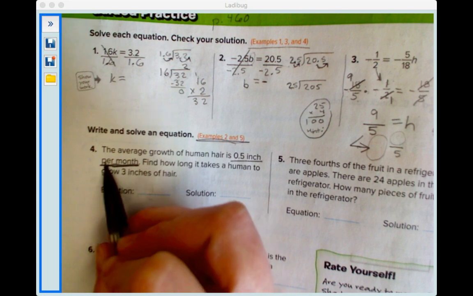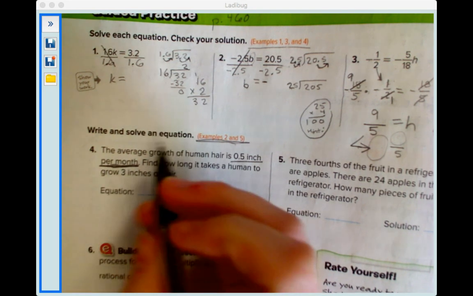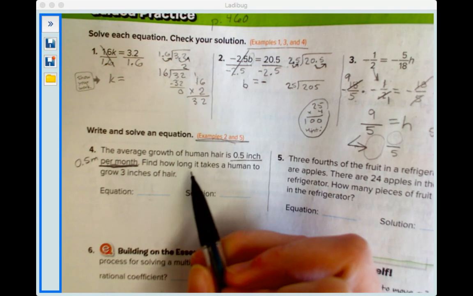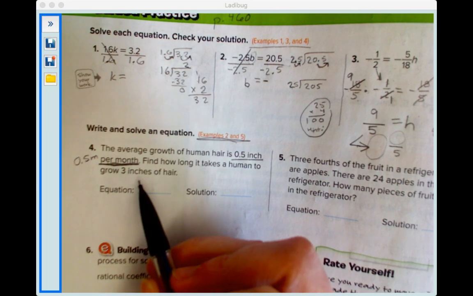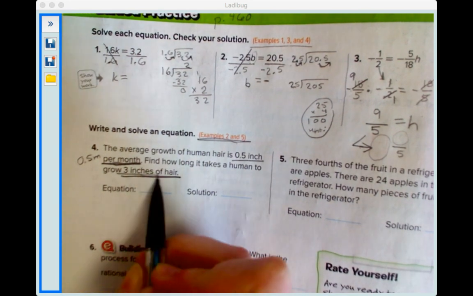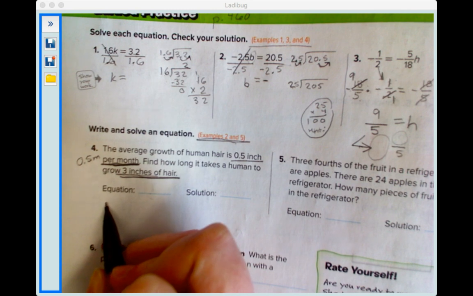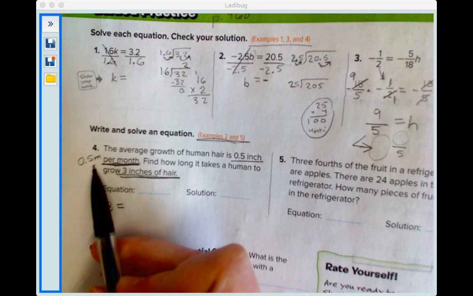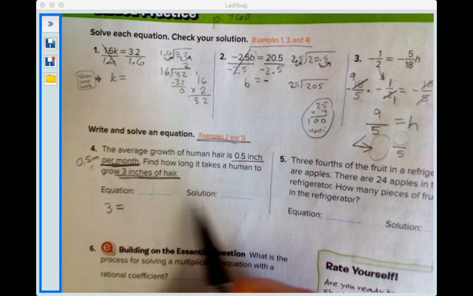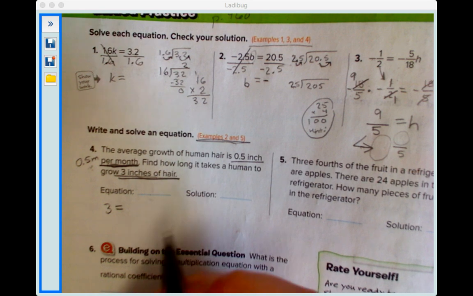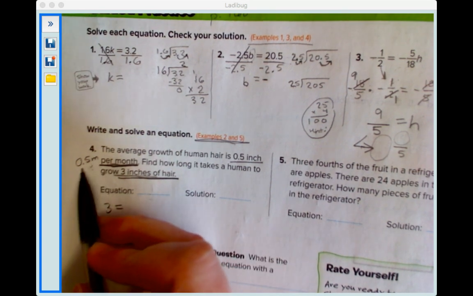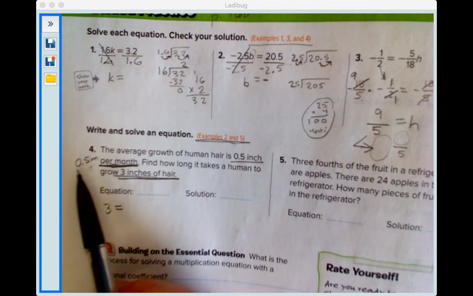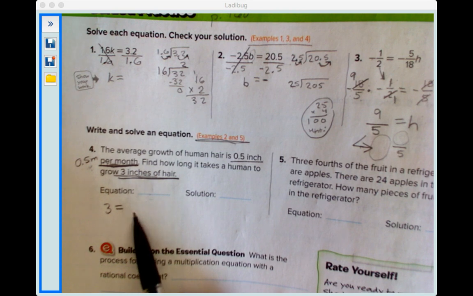And that per means there's going to be a variable with that. So it'll be 0.5m. Find how long it takes a human to grow 3 inches of hair. They want a total of 3 inches. So you want 3 equals, hint, hint, and then solve. And if that is what you have, that's a multiplication, you will need to divide by 0.5 once you put it down here on both sides.